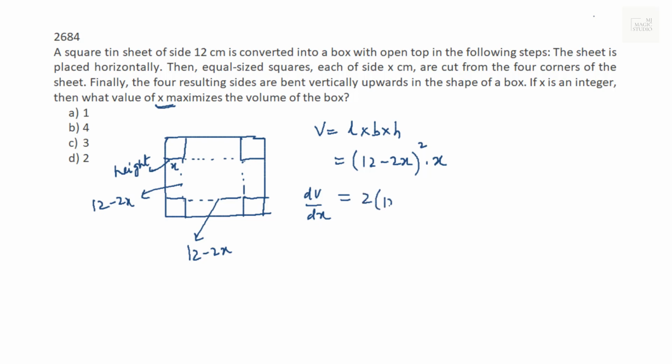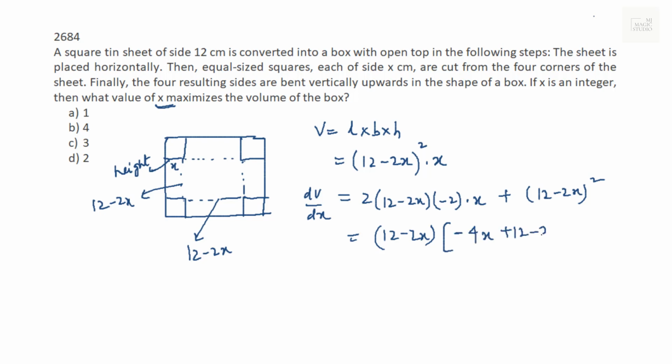It would be 2 into (12 minus 2x) into minus 2 into x plus (12 minus 2x) whole square. That would be (12 minus 2x) if I take common, (minus 4x plus 12 minus 2x). So this would be (12 minus 2x) into (12 minus 6x), and if I put this as 0, I'll get x equals 6 or x equals 2.